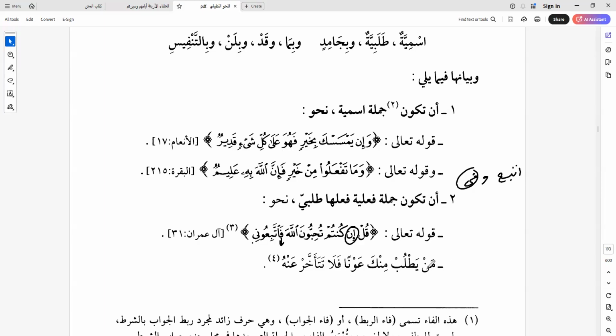And then let's look at an example. من يطلب منك عونا فلا تتأخر عنه. عونا means help. So anybody who is requesting help from you, فلا تتأخر عنه. Do not delay or dilly-dally.